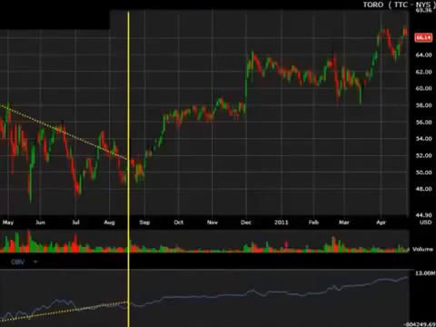Moving from left to right on the price chart on the top, you'll notice that there is a dotted orange line. And you'll notice that the price in those 4 months actually goes downwards from about, let's say, 56 to around $50.